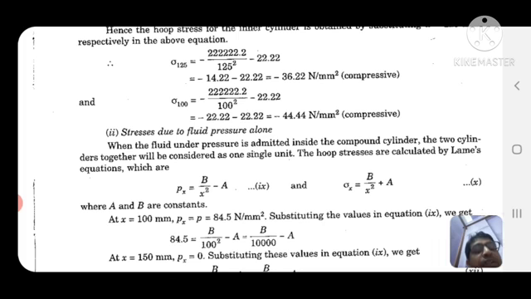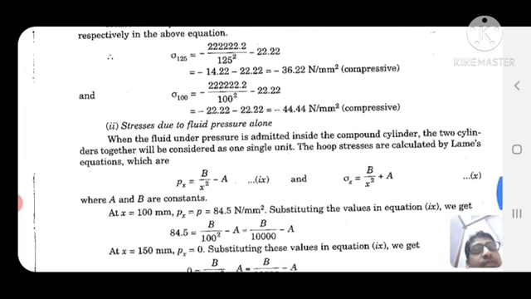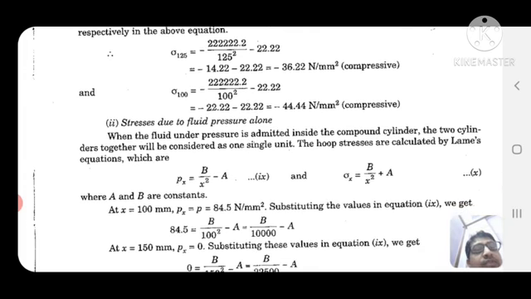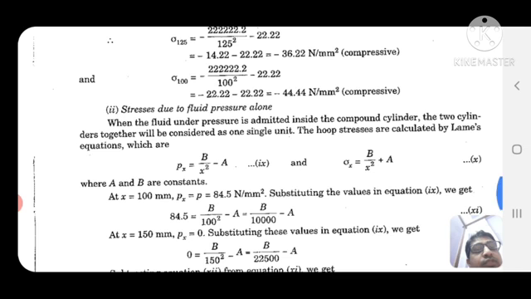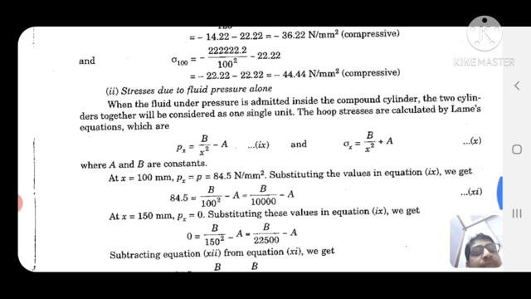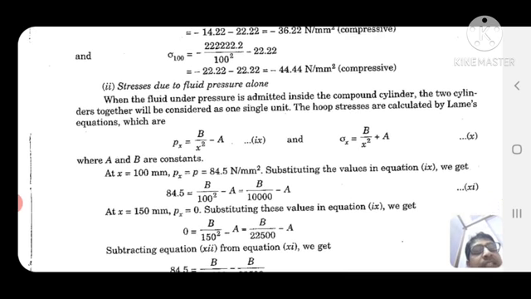So sigma 125 equal to minus 222.2 divided by 125 square minus 22.22, that is minus 14.22 minus 22.22, which is 36.22 Newton per millimeter square, compressive. Sigma 100 is equal to minus 222.2 divided by 100 square minus 22.22. So that is equal to minus 22.22 minus 22.22, so minus 44.44.